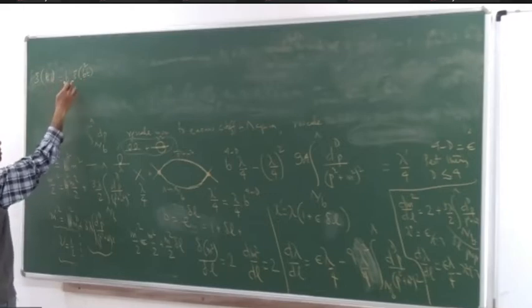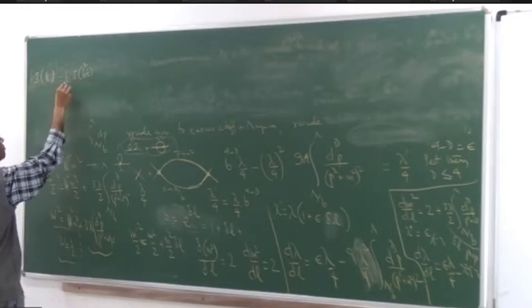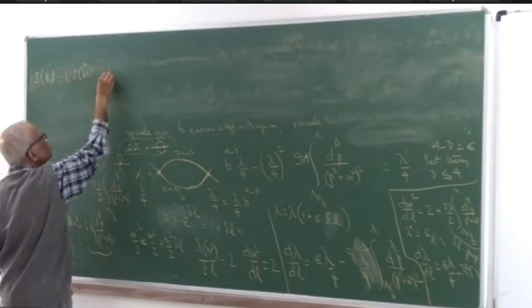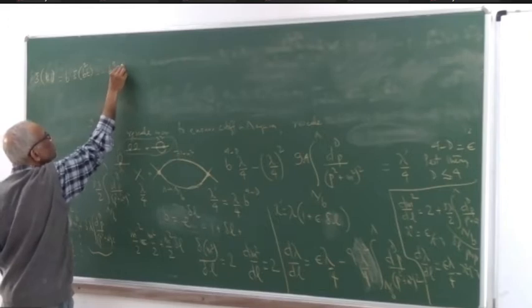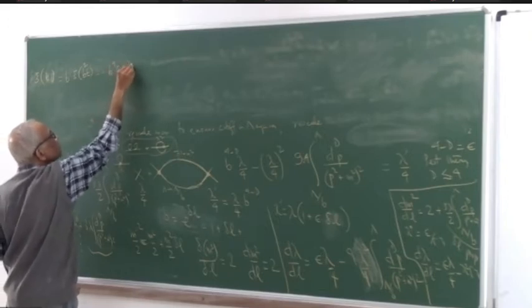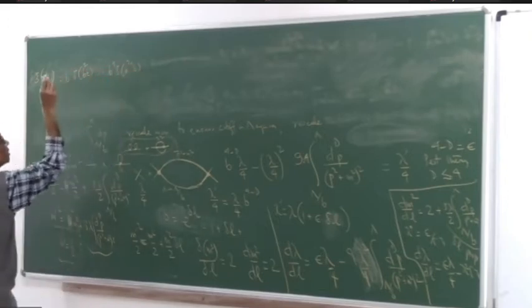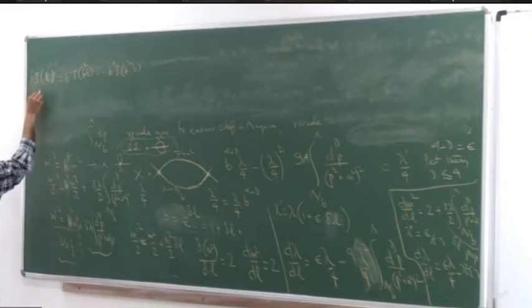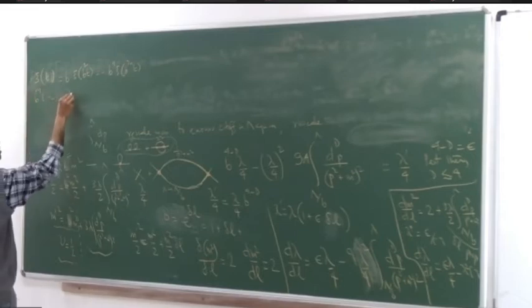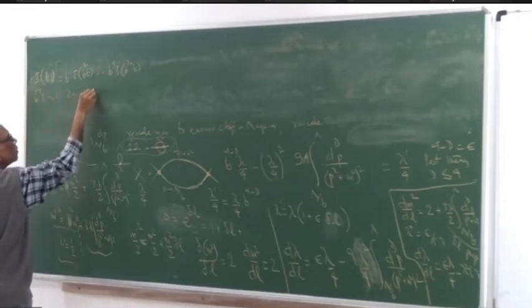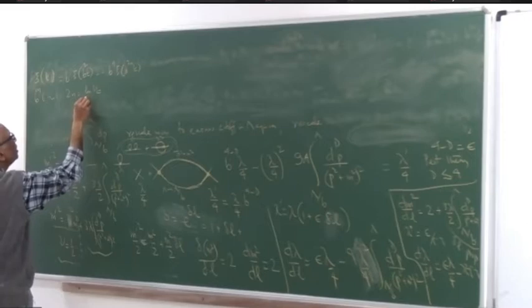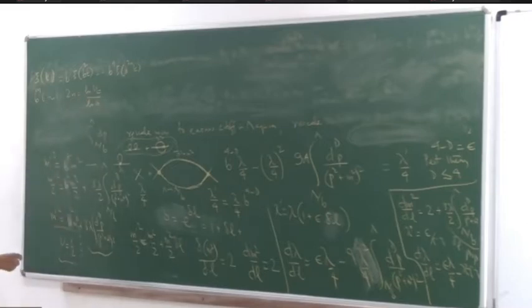You have gone, the correlation length at t is bigger, so related to this, which is equal to b to the power n, xi of b to the power 2n times t. B to the power 2n times t is of the order unity. 2n is equal to log 1 over t by log of b.